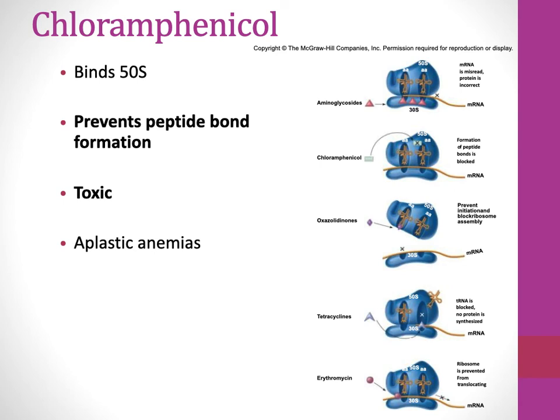And then chloramphenicol binds to the 50S ribosome subunit, so it actually prevents peptide bond formation. There is high toxicity to this, so it's known to cause a condition called aplastic anemia, which is also referred to as gray baby syndrome.